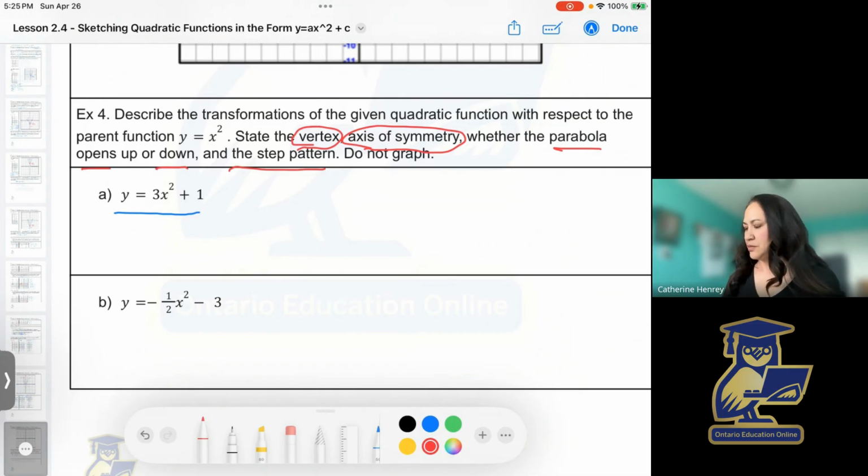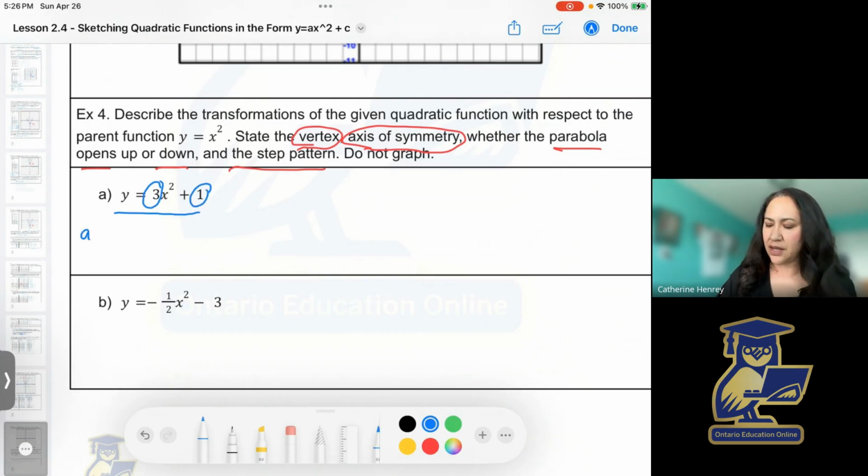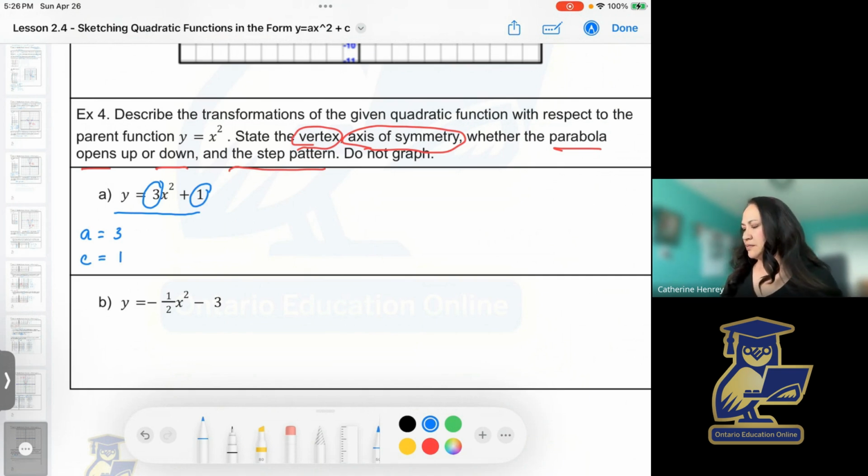All right, so let's identify a couple of things. We have an A of 3, and we have a C of 1. Let's write that off to the side. An A of 3 and a C of 1. So what does that result in? Actually, let's start with the vertex. Where's the vertex going to be?